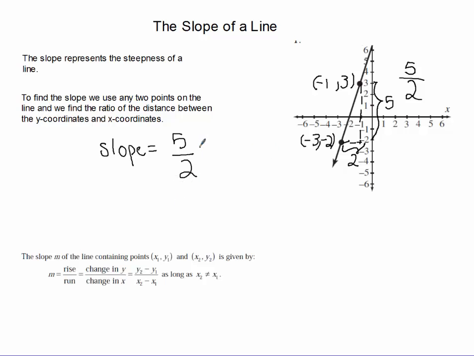So the way we found the 5 would be to go 3 minus -2 to find the distance between here and here. And to find the distance between here and here, we would take -1 minus -3. And that's how we would get this slope 5/2.